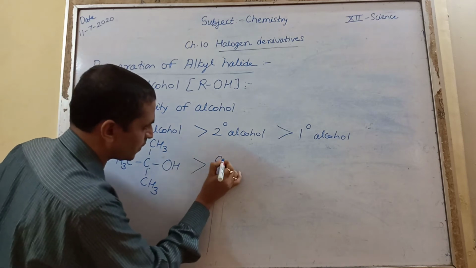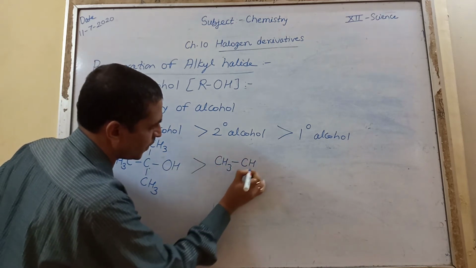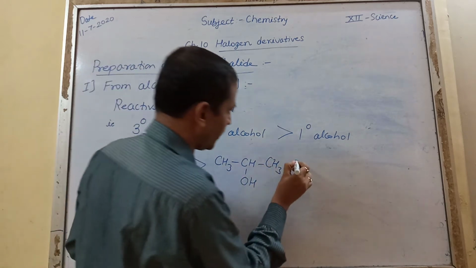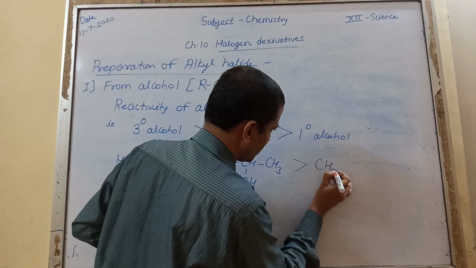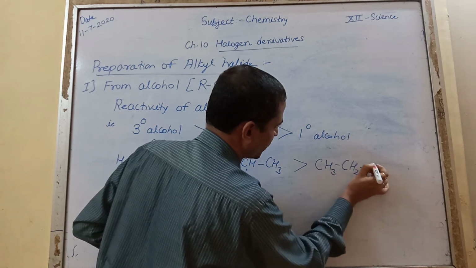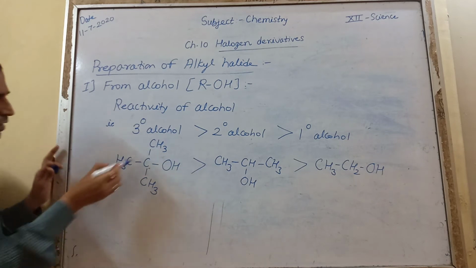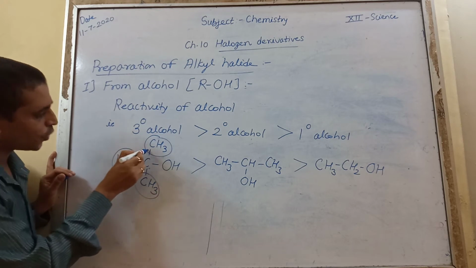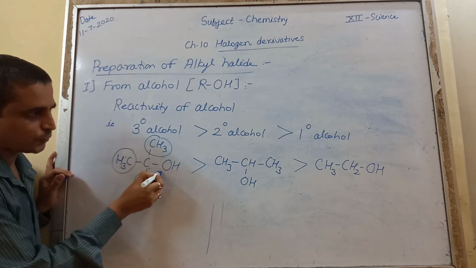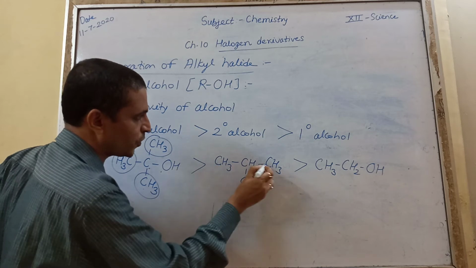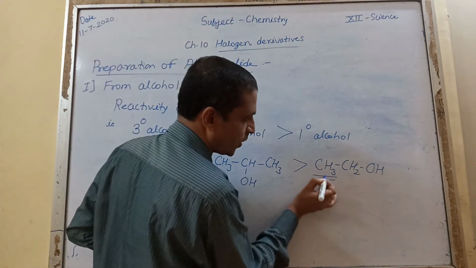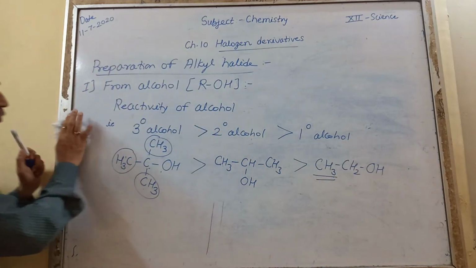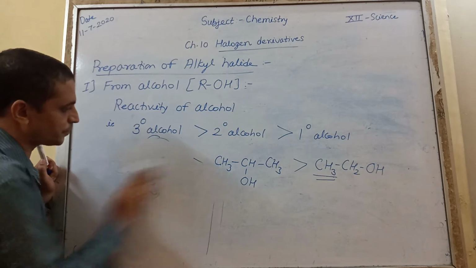Secondary alcohol: CH3 CHOH CH3. And primary alcohol: CH3 CH2OH. See, there are more alkyl groups, 1, 2, 3. If more crowding of alkyl groups is there, then it is more reactive. Here there are only 2 alkyl groups, so it is less reactive, and here there is only 1 alkyl group, so it is less reactive. I hope you understood this. Now we will proceed to the next point.